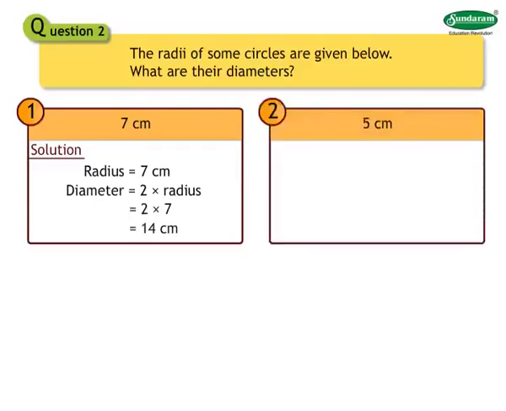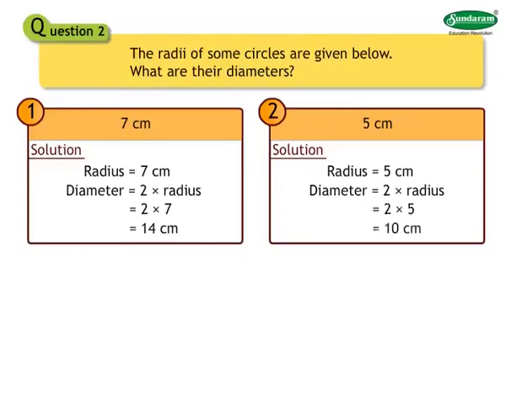Number 2. 5 centimeters. Solution. Radius is equal to 5 centimeters. Diameter is equal to 2 into radius is equal to 2 into 5 is equal to 10 centimeters.